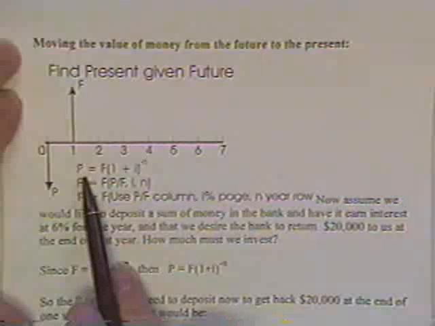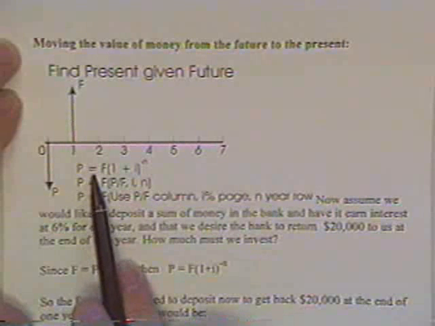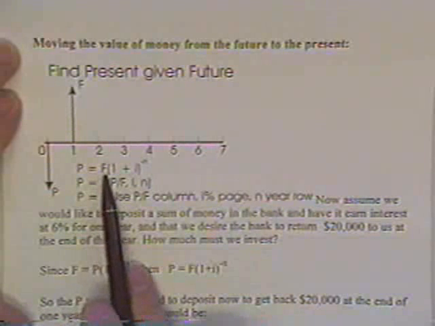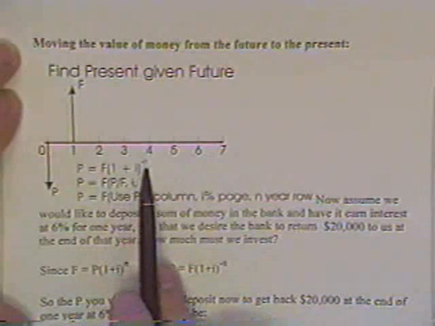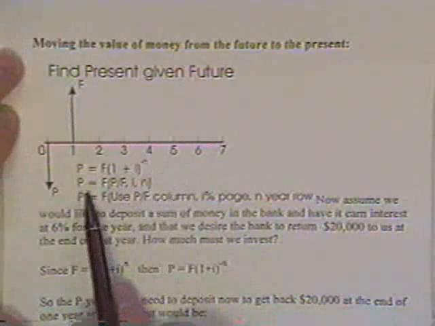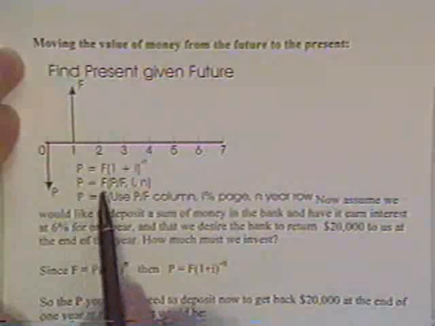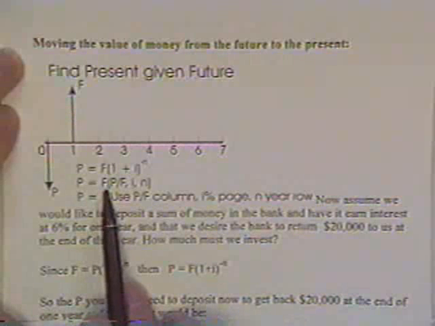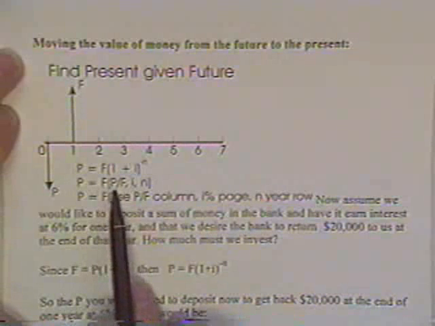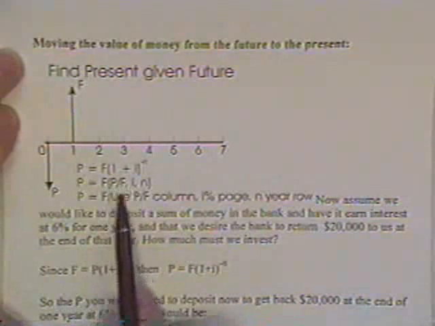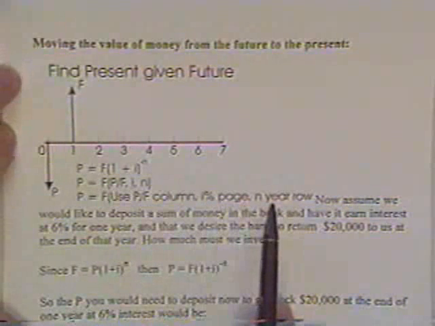The equation listed in your manual for this is that P can be found by multiplying the future amount that we know times 1 plus I to the minus N. Or you can use the economics way, the eco-speak way, by saying the future value can be transformed into the present value by multiplying times a factor found from the table, P over F. Use the P over F column, the I% page, the N year row.